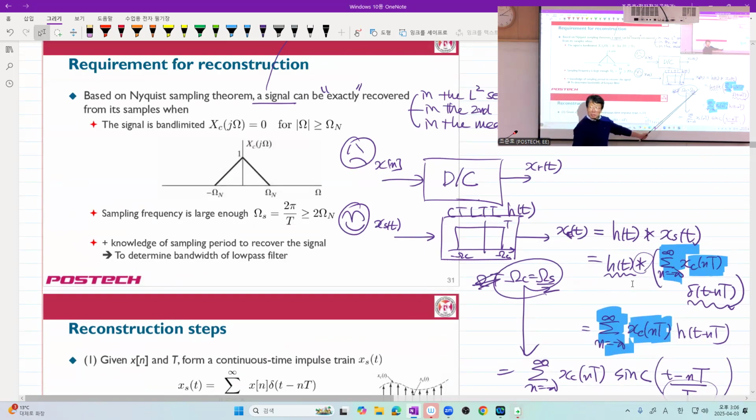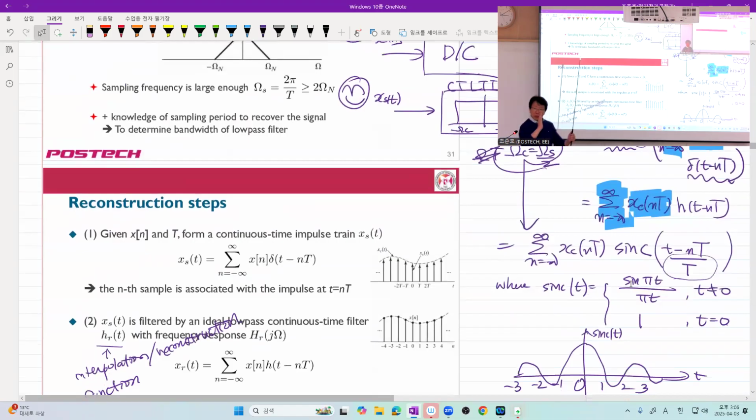In this operation of modulated impulse train to continuous time signal reconstruction, actually what we do is use sinc functions with crossing rate 1 over capital T. It happens to be the same as the inverse of the sampling rate. We shift and scale the sinc function, and shift and sum up.